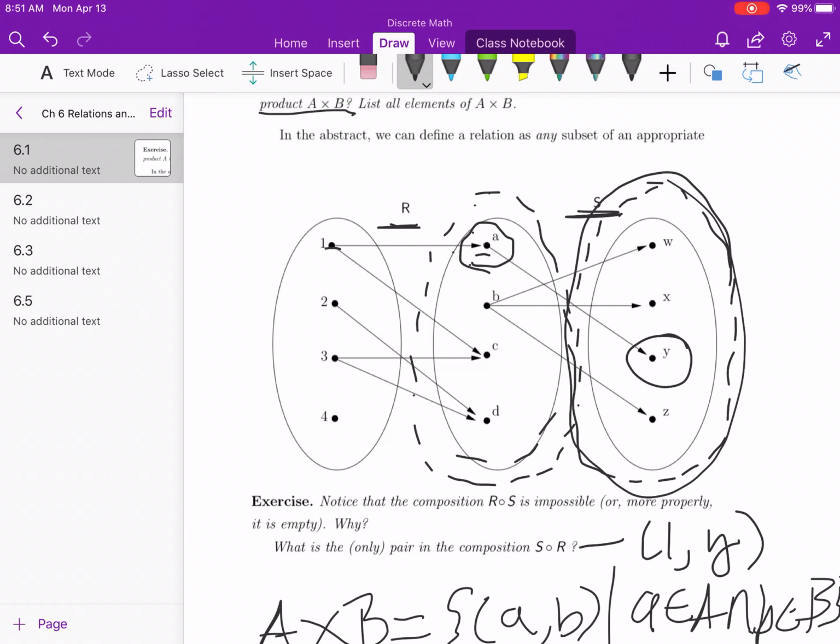That's it. Because 2 and 3 go to C and D, but C and D don't go anywhere in the S relation. So if I compose the two relations, the only thing I'm going to get is to go from 1 to A and then from A to Y. So A is the only intermediate value in there. And that's pretty much it.